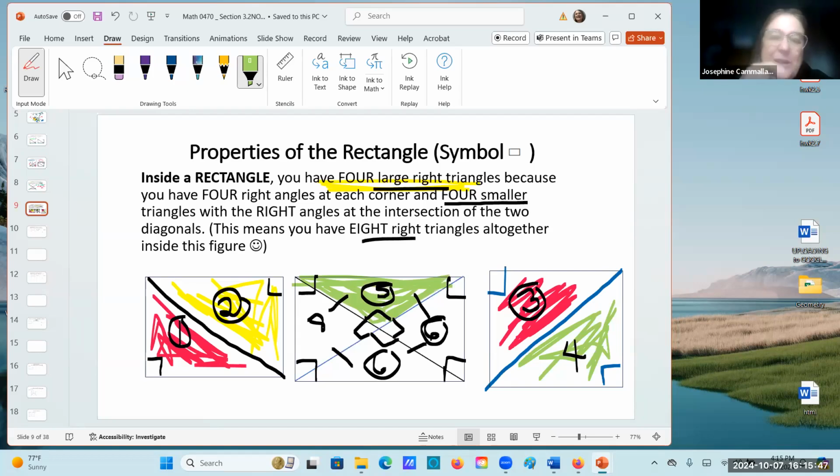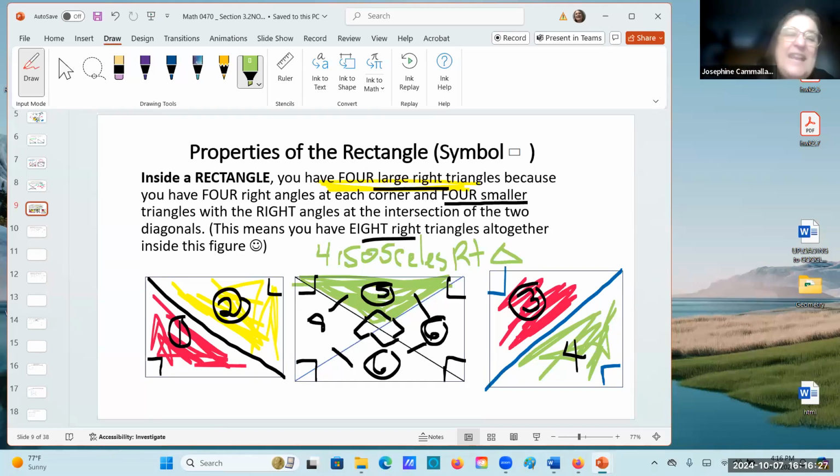If the corner angles are 90 and my diagonals bisect, I happen to have 4 isosceles right triangles inside. It's just the way it works. Because from one corner to the other, I am going to have triangles.